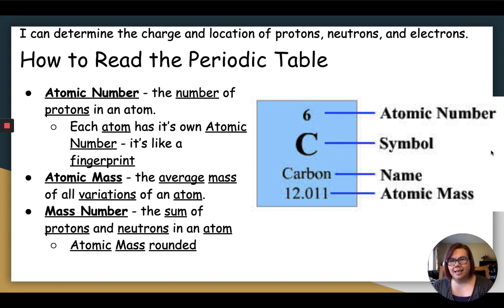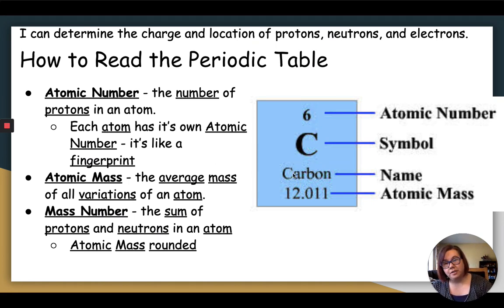And then the next thing, and this is kind of the more useful bit, is the mass number. This happens to be the sum of protons and neutrons, protons plus neutrons. And for our purposes in this class, you can find the mass number by rounding the atomic mass. This doesn't work for all elements, but for the elements that you will see in our class, you can round the atomic mass.